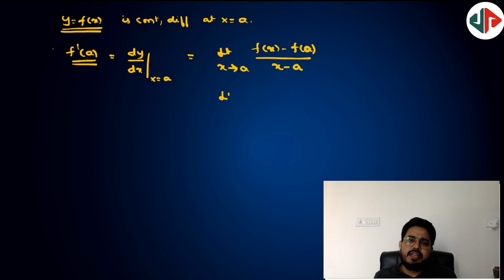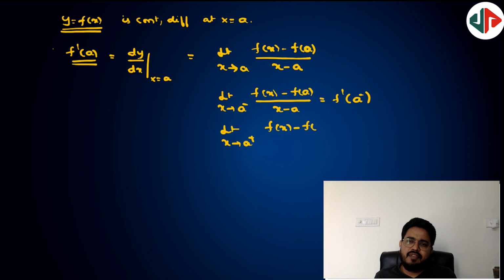For example, limit x tending to a minus of f of x minus f of a by x minus a, we call it the left derivative, and limit x tending to a plus of f of x minus f of a by x minus a is equal to f dash of a plus. This is called the right derivative.